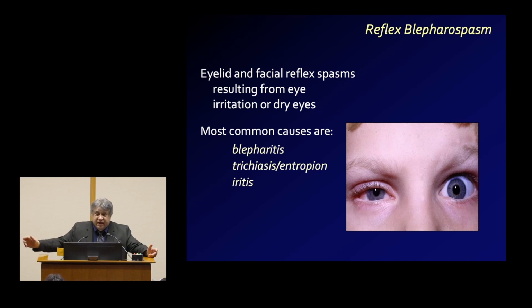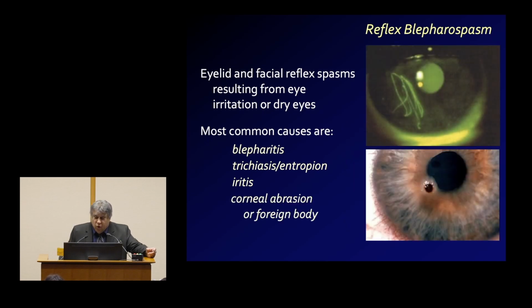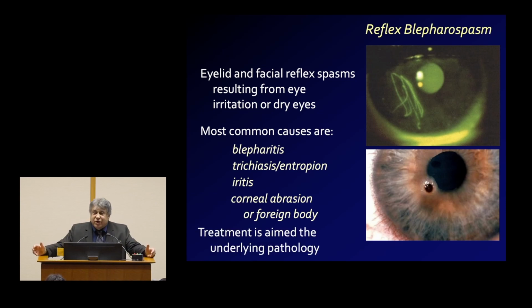Iritis, so this little kid has inflammation of the eyeball itself, and then reactive spasms of the eyelids. And corneal abrasion, scratches on the surface of the eye or even a foreign body on the cornea. All of these things can cause reflex spasms. Obviously, the treatment is not the spasm, but of the initial cause. If you clear that up, then the spasms will typically go away.